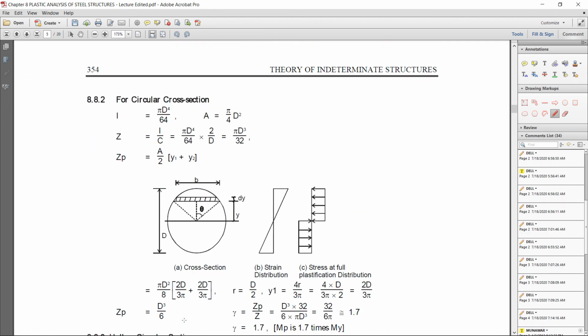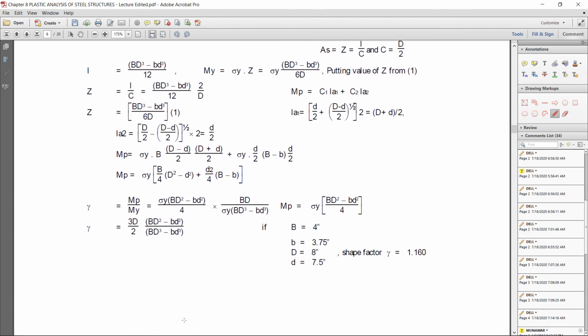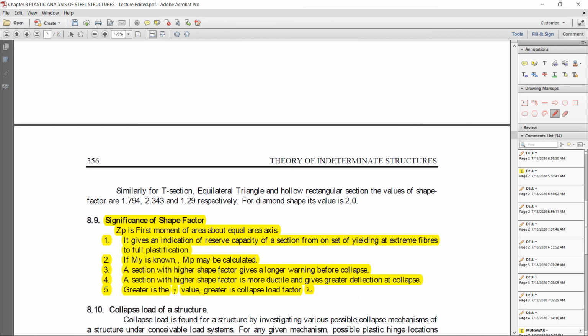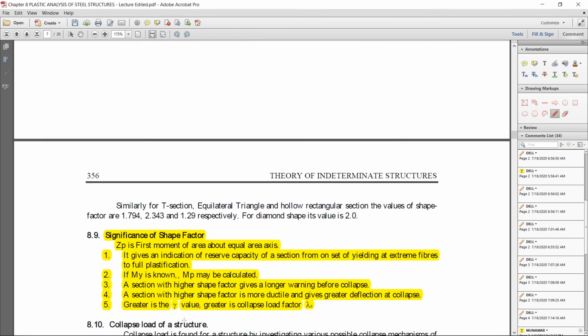What does it mean, what is the benefit of the shape factor that we got for the rectangular section, that is 1.5? That is the significance of shape factor. It gives an indication of the reserve capacity of a section from the onset of yielding at extreme fibers to full plastification. Means how much more load it can take before going to full plastification.